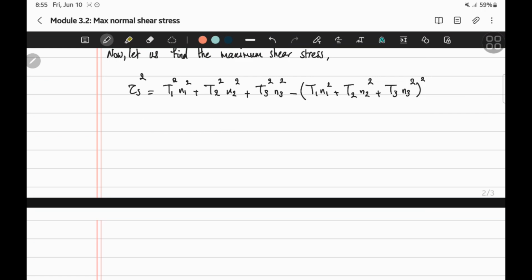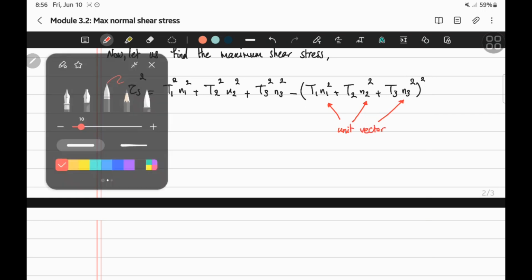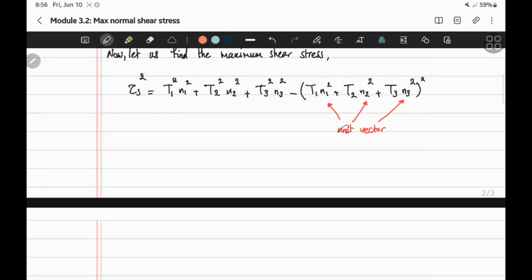However, here we also have to make sure that n1, n2, and n3, since they are unit vectors, also satisfy another equation.